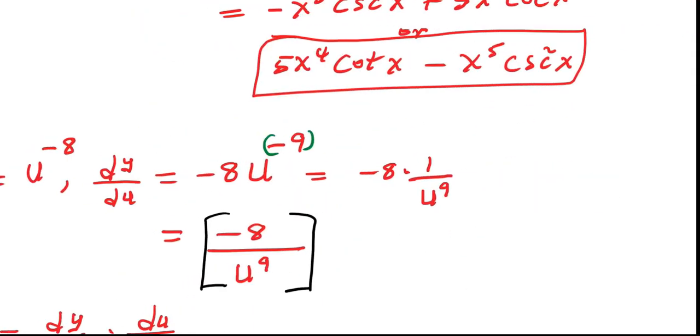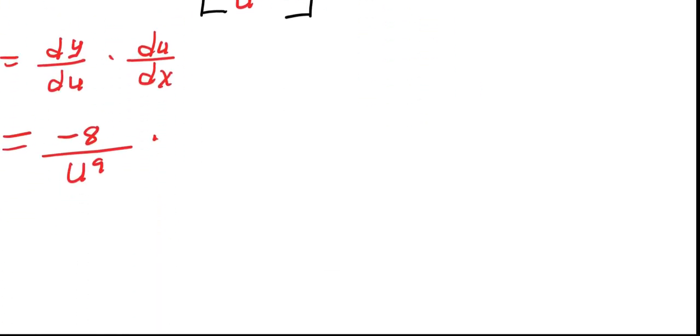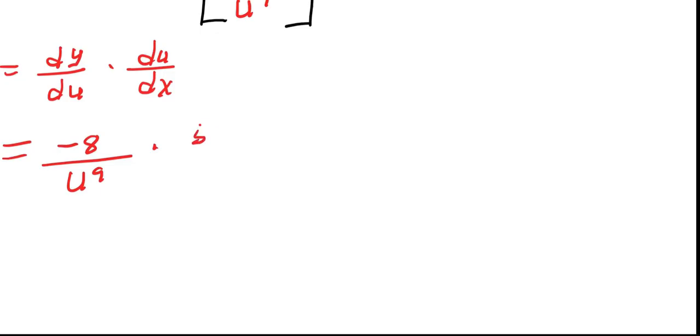The value of du/dx is this: 5x to the 4th power cot x minus x to the 5th power cosec squared x.